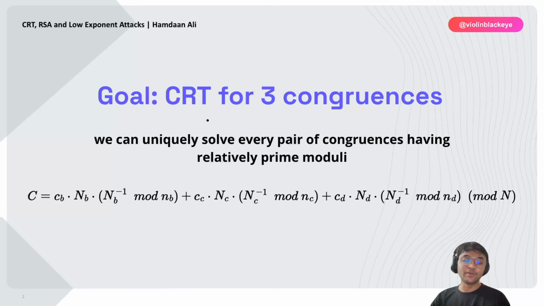The Chinese remainder theorem is a mathematical tool that helps us solve problems like: find a number that leaves specific remainders when divided by different numbers.